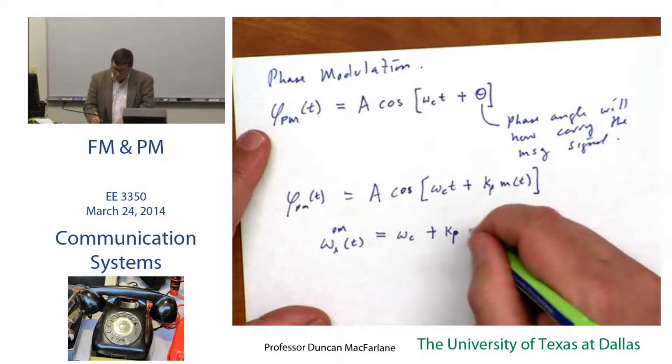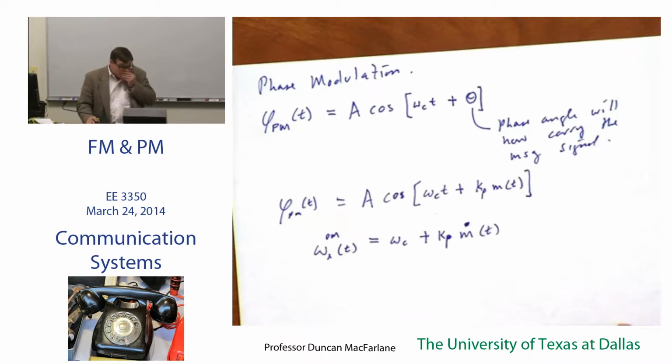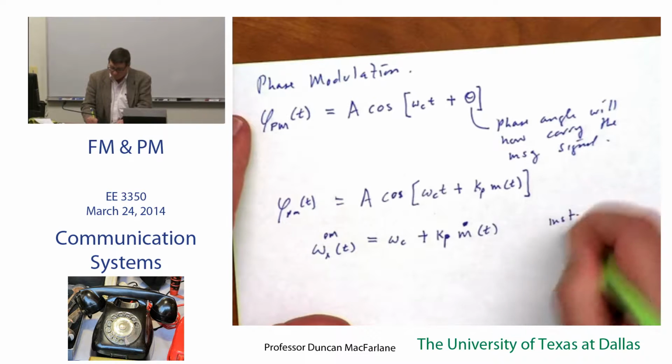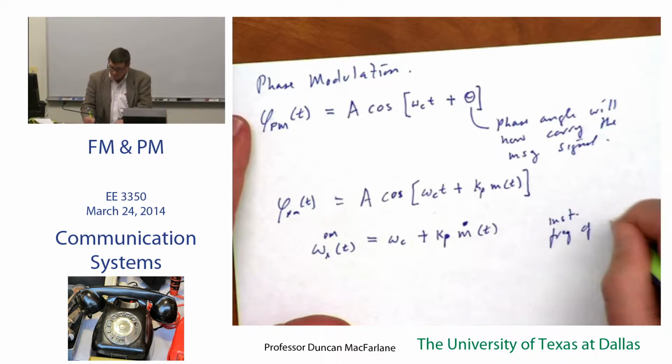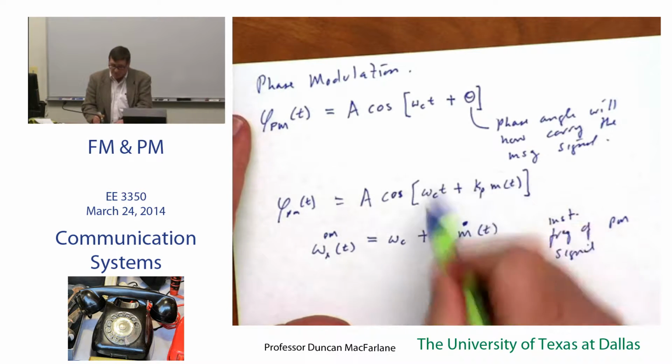So take the derivative of that, and I get m dot of t. Okay. So this is my instantaneous frequency of a phase modulated signal. And this is how my phase gets accumulated.